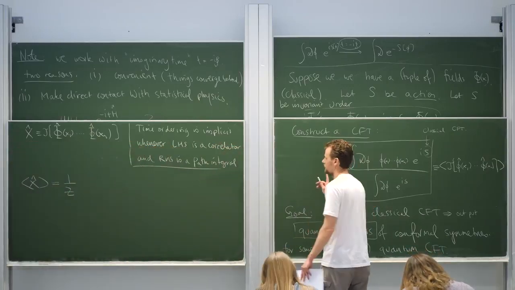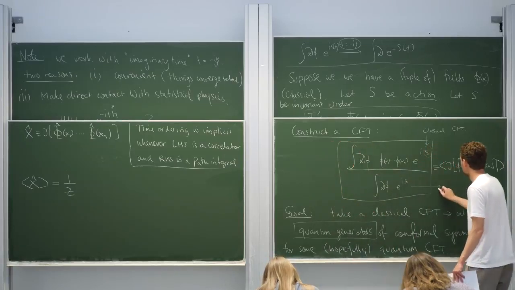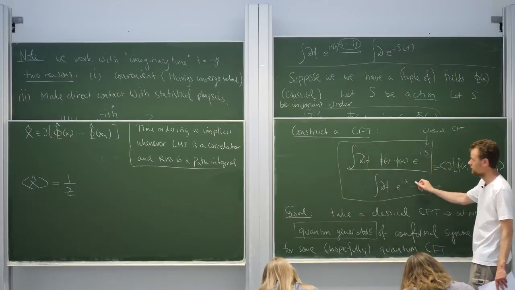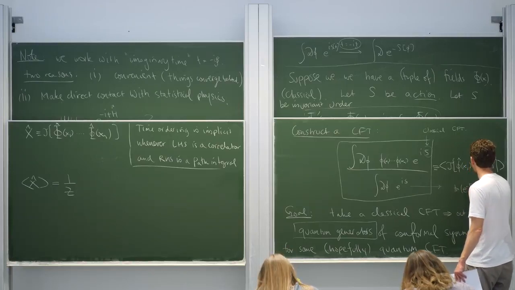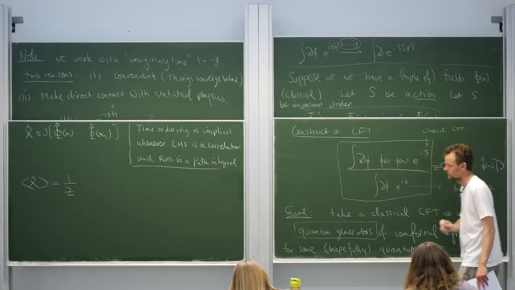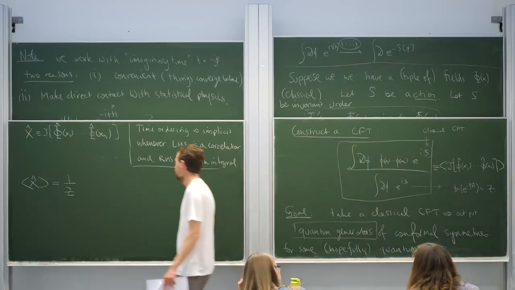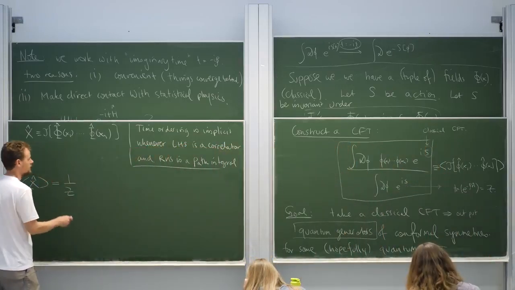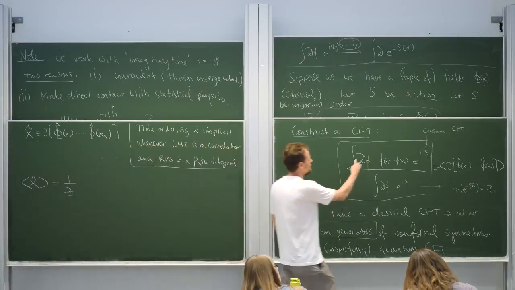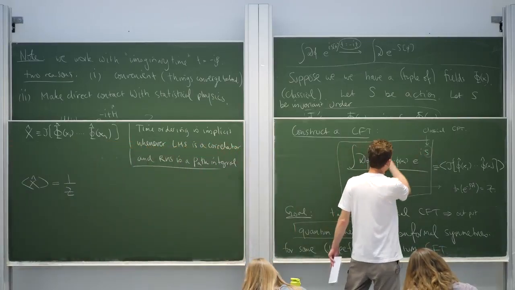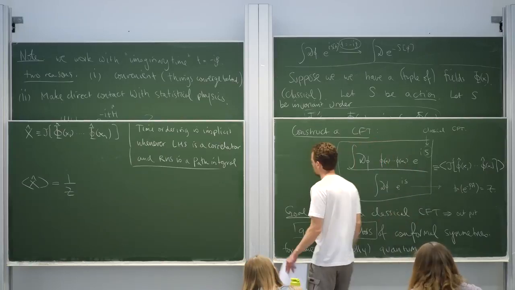I should comment on this. When you do Wick rotation, the bottom path integral here turns out to be equal to the trace of e to the minus beta H, which is the partition function. So this path integral prescription here, when we have t equal to I minus I beta, is something over the partition function.